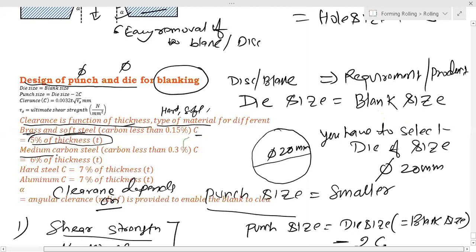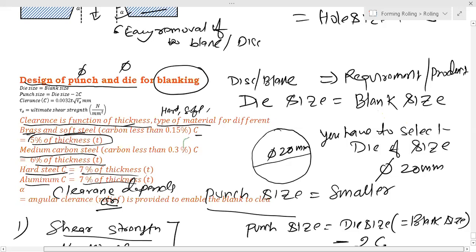For low carbon steel, medium carbon steel, high carbon steel, ferritic, austenitic and martensitic steel, you have 6% of the thickness. For hard steel, that is 7% of the thickness. And for aluminum, it is 7% of the thickness.